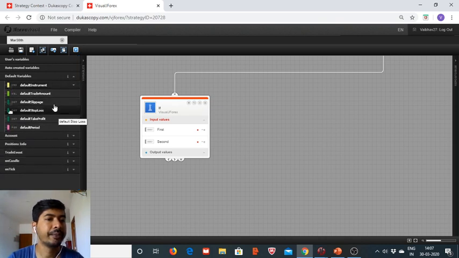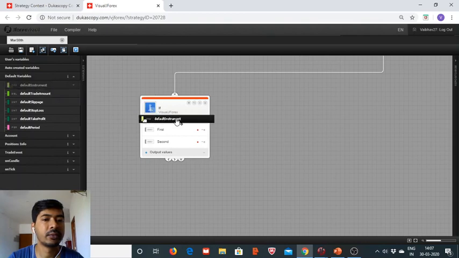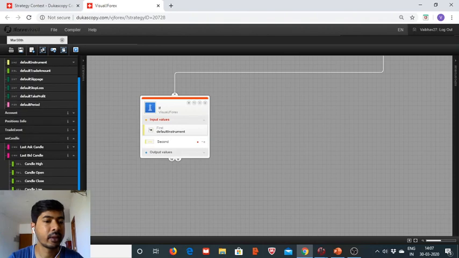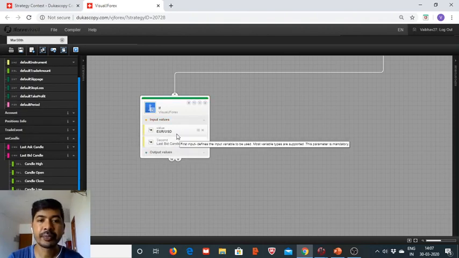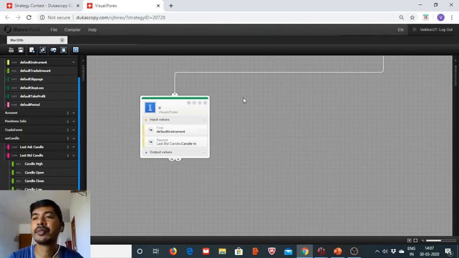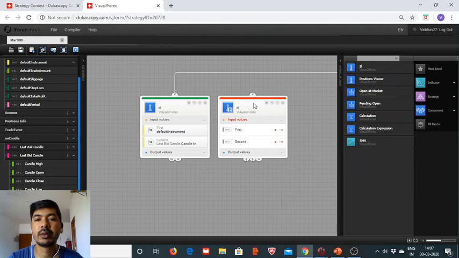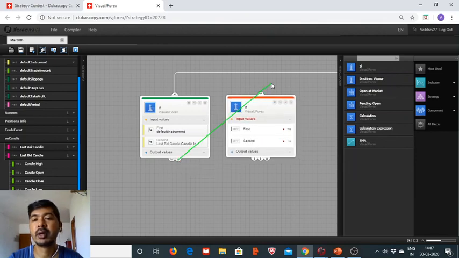So here, default instrument, then on candle, last bit candle, candle instrument, Euro USD it is. We'll bring in another block. It should be equal.